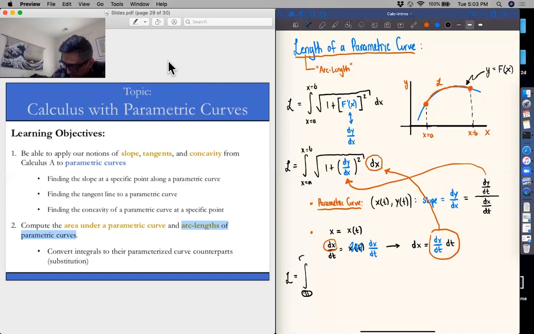So just draw some circles to remind us that, hey, we still need to do this. We have the square root of 1 plus, well, that big old derivative squared now, which is looking like dy dt all over dx dt. When we substitute in that slope for a parametric curve, we are squaring that. And then we multiply on the outside by dx dt times dt.